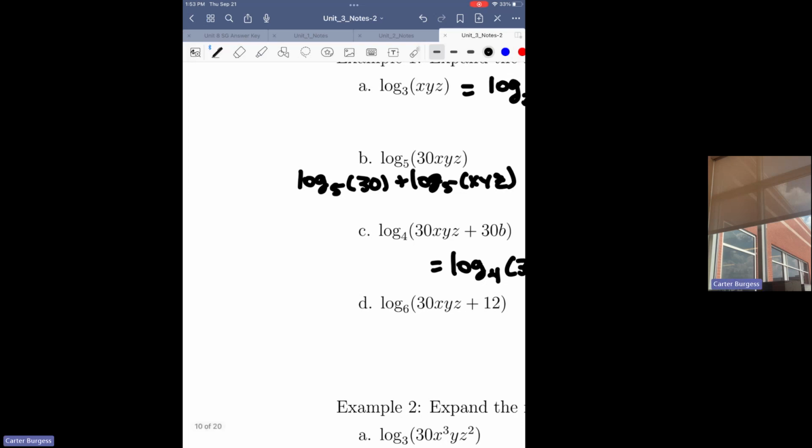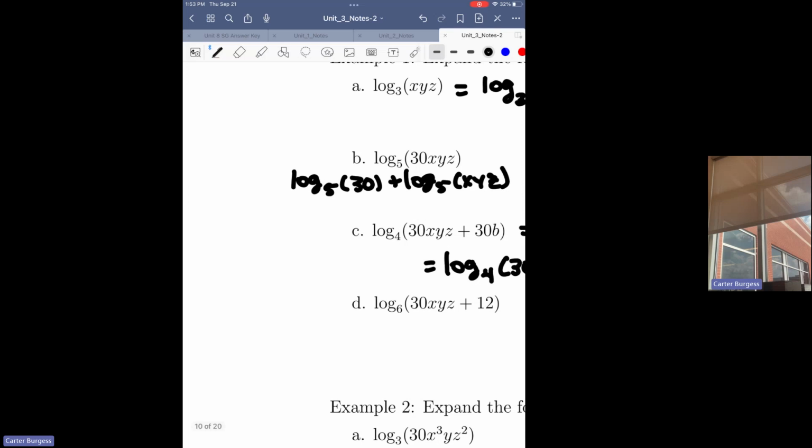We've already looked at this, but how is 30 going to split up? 5, 3, and 2. So this is equal to log base 5 of 5 plus log base 5 of 3 plus log base 5 of 2.